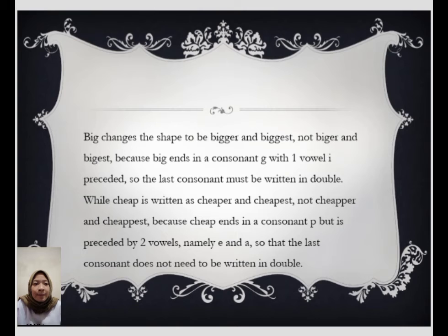Big changes its form to bigger and biggest, because big ends in a consonant G preceded by one vowel I. So the last consonant must be written double. Meanwhile, cheap is written as cheaper and cheapest, not cheapper and cheappest, because cheap ends in a consonant P but is preceded by two vowels, namely E and A, so the last consonant does not need to be doubled.